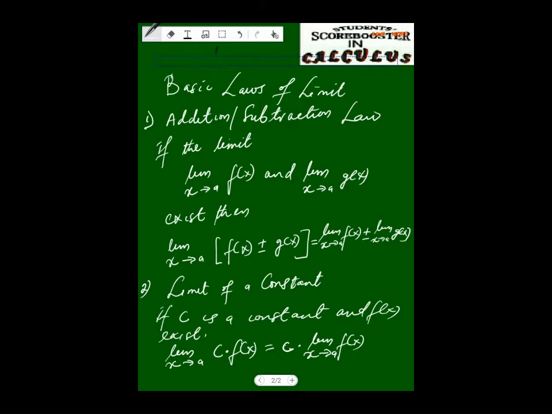If you have a function being multiplied by a constant c and you are finding the limit of them, it is the same as just bringing out the c, finding the limit of f of x and multiplying by the constant.